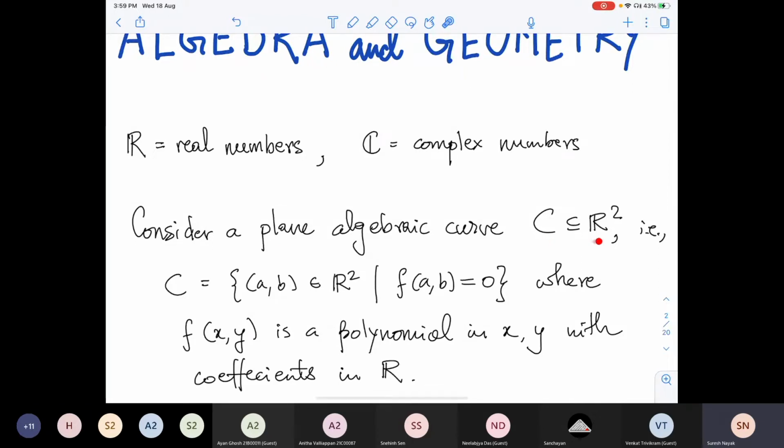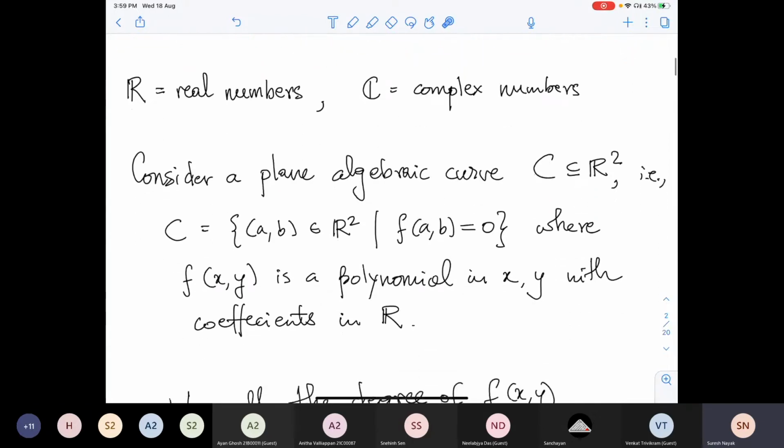This will be a subset of R2, and it's what you would expect a curve to be. It's a squiggly kind of object, or a circle, or an ellipse, or one of those things. I'll point out examples very shortly. The main thing here is that this consists of points in R2 which are given by the vanishing of one equation.